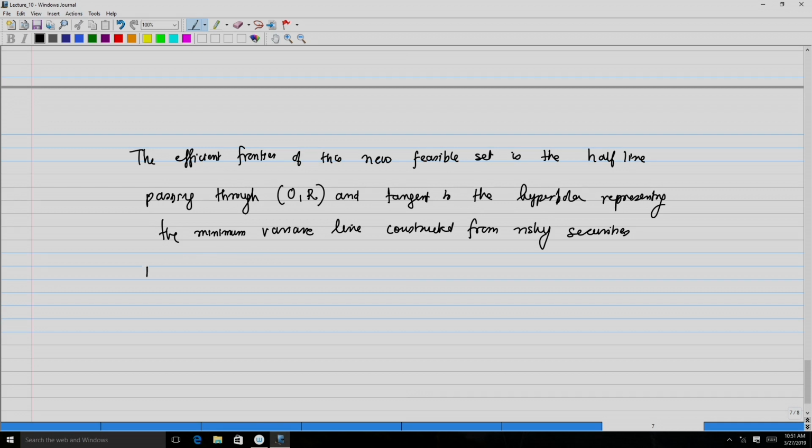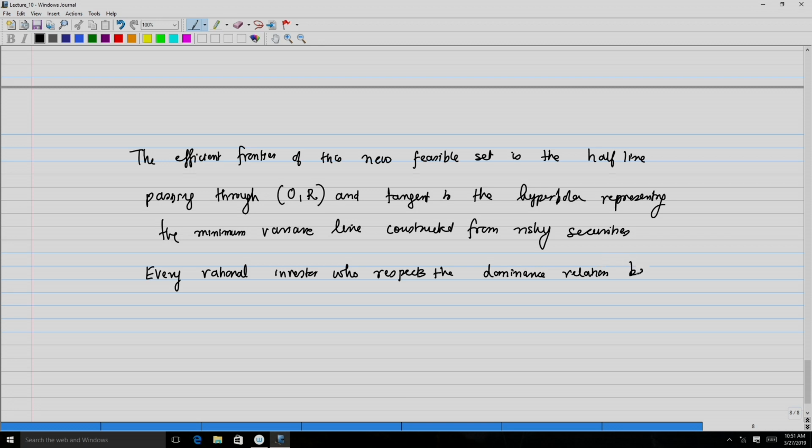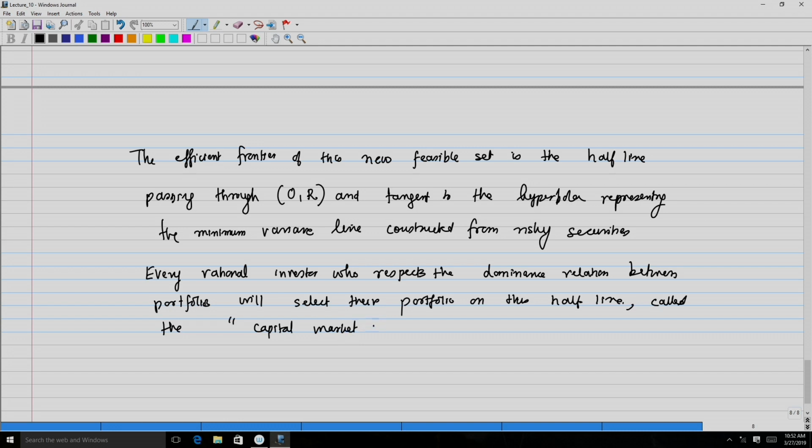It helps us in the following way: every rational investor who respects the dominance relation that we have discussed previously between portfolios will select their portfolio of choice on this half line, and this half line is called the capital market line, or abbreviated as CML.